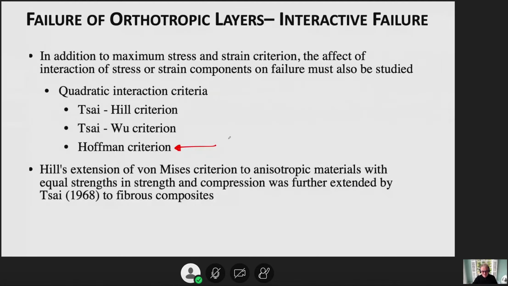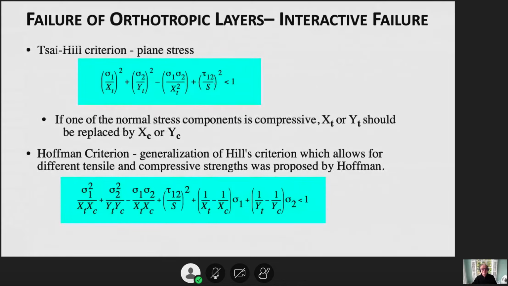All right, so what are they? Tsai-Hill basically has this formula that says if you have a quadratic relation between sigma 1, sigma 2, and tau 12, and you know the tensile fiber strength, tensile matrix strength, and shear strength of the fibrous material, the sum of these quantities must be less than or equal to 1 to avoid failure.